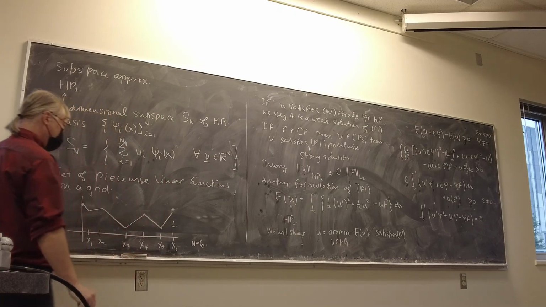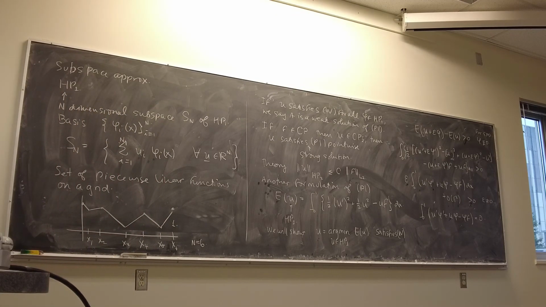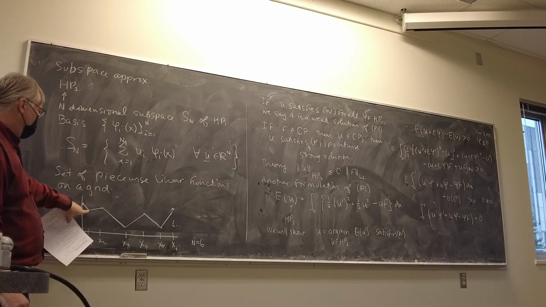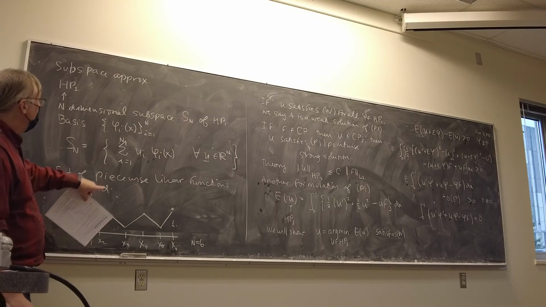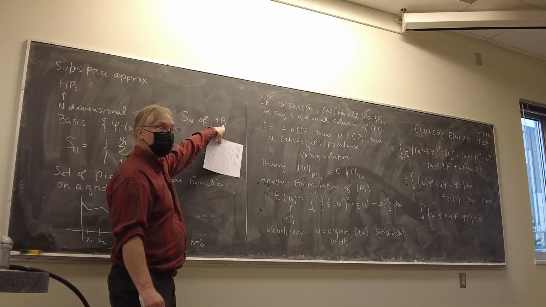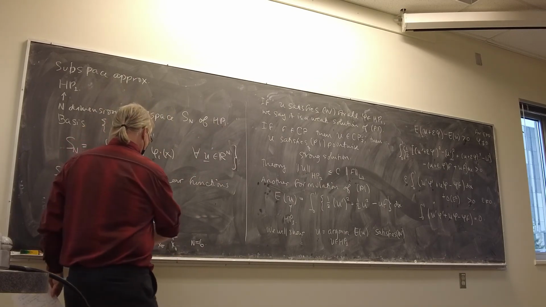Okay, there's an example. This function doesn't have a continuous first derivative, but it does have derivatives that are nice enough that it's in this space. So these functions are really a subspace of H^1.